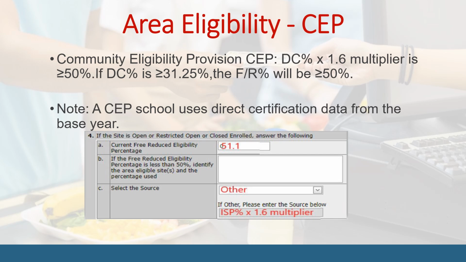If the DC percentage is greater than or equal to 31.25%, then the free and reduced percentage will be greater than or equal to 50%. As a note, a CEP school must use direct certification data from the base year. This is an example of the online application for number 4 that inquires about the free and reduced eligibility percentage.